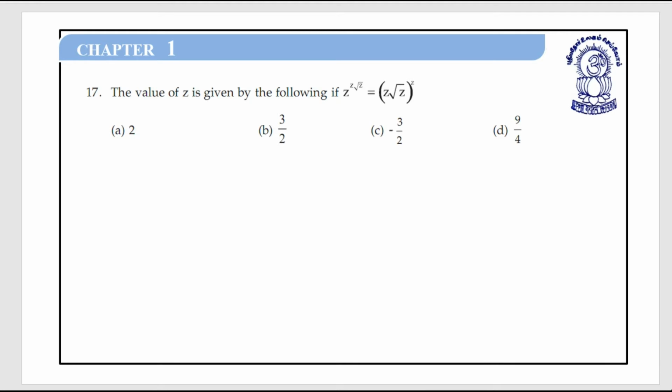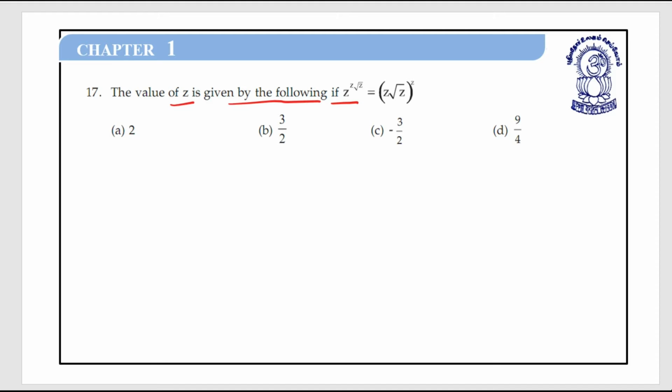Question number 17: the value of z is given by the following. If z raised to z under root z is equal to (z under root z) raised to z.